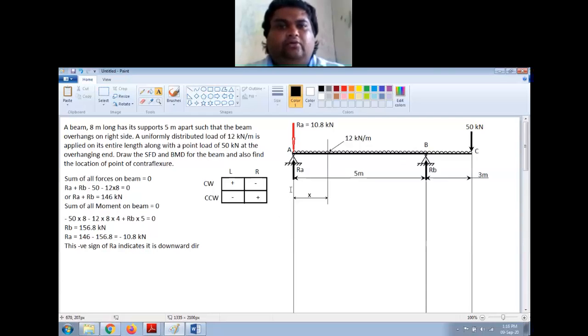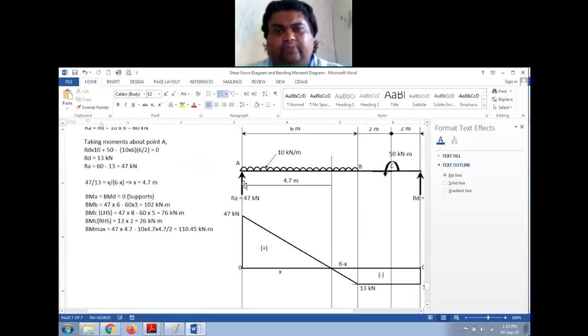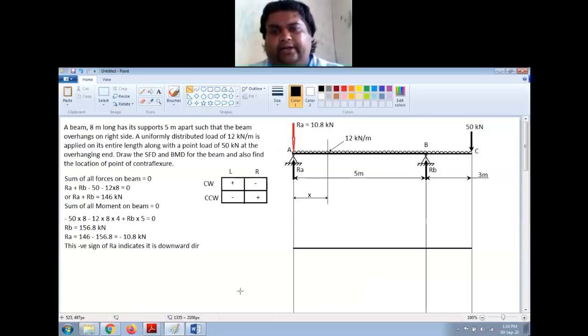First of all, I will draw a zero SFD line, a horizontal line like this. Now at point A, you start with RA. In all our previous numericals, wherever you have this force in the upward direction, we took it like this. Now since this is negative, it will come in downward direction, right?